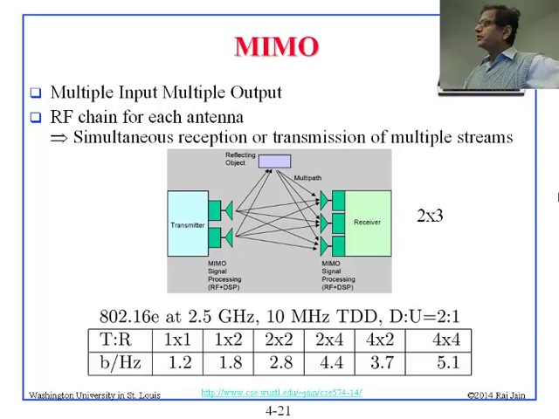If you have 1 by 2, you get 1.8 bits per hertz. If you have 2 by 2, you get 2.8. So you see you have 4 times more antennas, but you get about 2.5 times more than 1 by 1. Right? And with 4 by 4, you get up to 5.1, which is almost like 4.